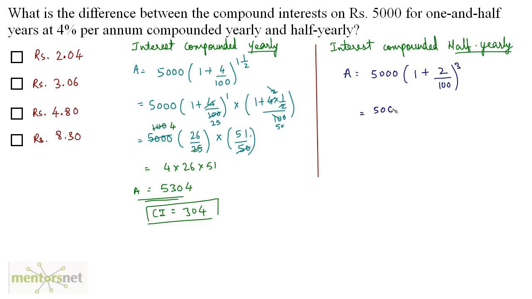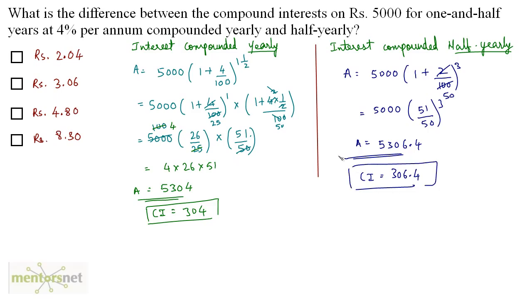So this is equal to 5,000 times, you can cancel this out, 2 times 50 is 100. So we have 51 by 50 cube, right? So when you solve this, you'll get 5,306.4 as the amount. So the compound interest will be 5,306.4 minus 5,000, that's 306.4.